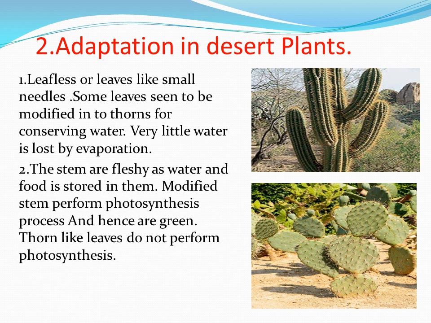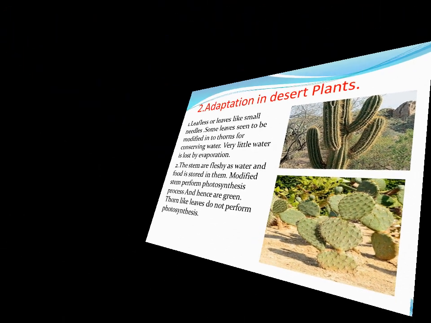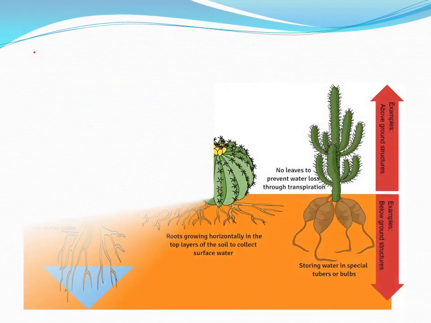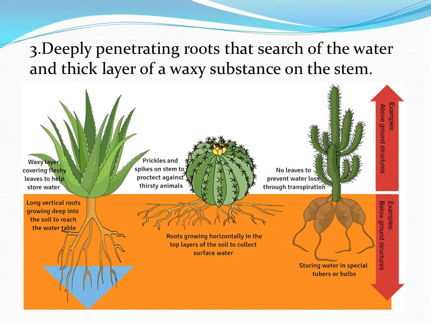Modified stems perform the process of photosynthesis and hence are green. Thorn-like leaves do not perform photosynthesis. Deeply penetrating roots search for water, and there is a thick layer of a waxy substance on the stem.